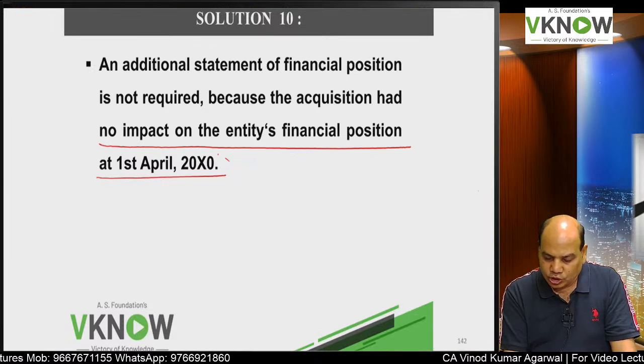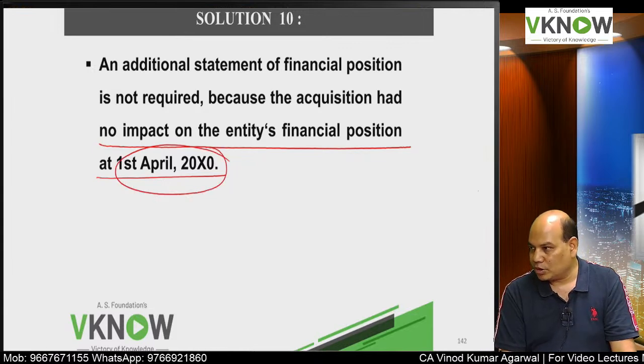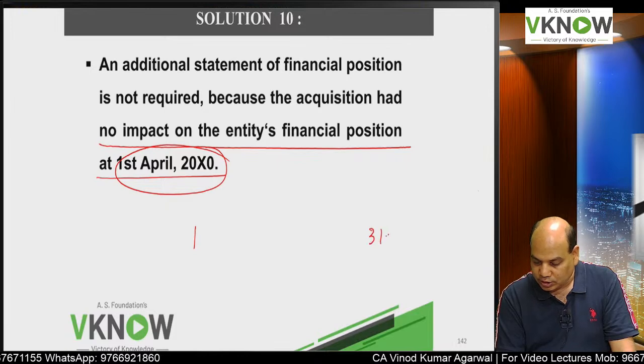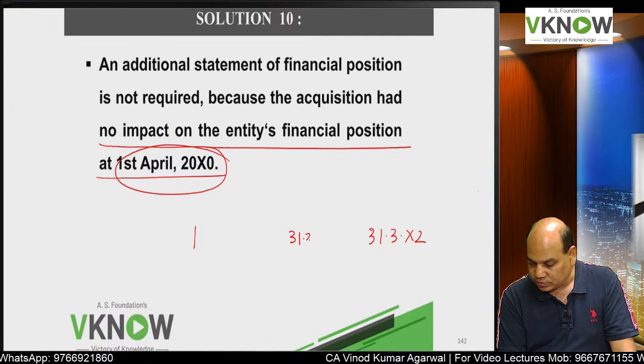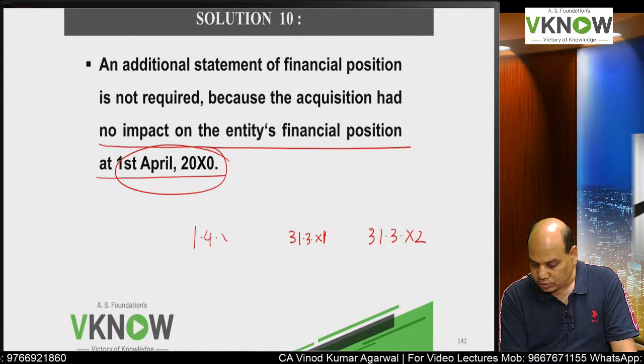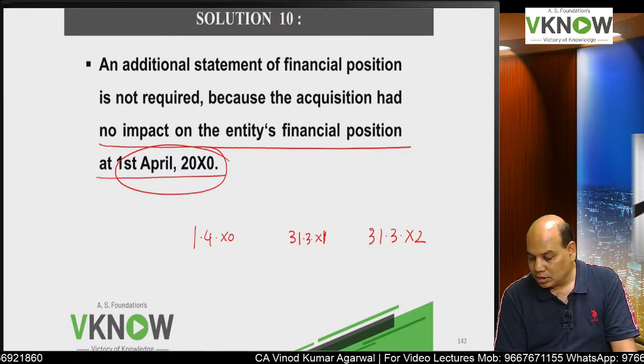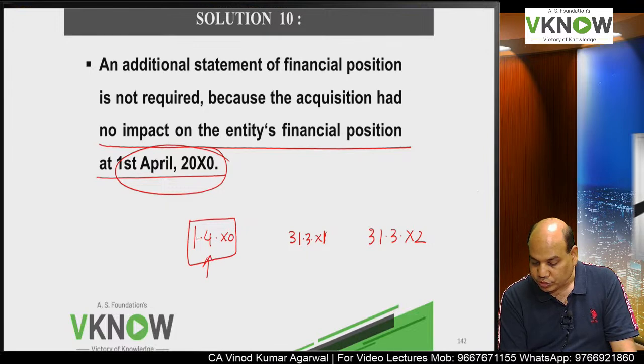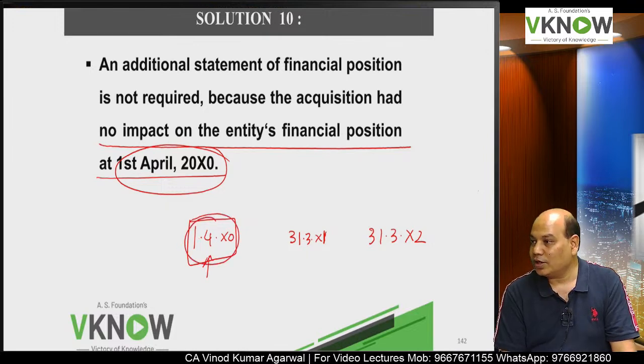One more reason for not preparing additional balance sheet in this problem is, suppose my year ending date is 31st March x2, previous year is 31st March x1 and the opening date is 1/4/x0. Now you will prepare this financial statement also if it is going to get affected.